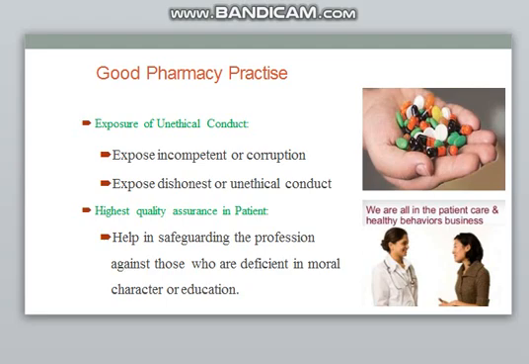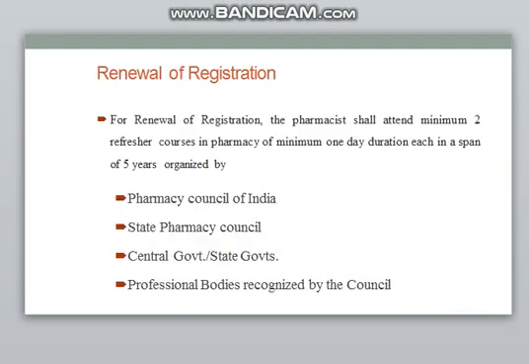Exposure of unethical conduct: the pharmacist should expose incompetence or corruption, and expose dishonest or unethical conduct, with the highest quality assurance for the patient, so that it will help in safeguarding the profession against those who are deficient in moral character or education.